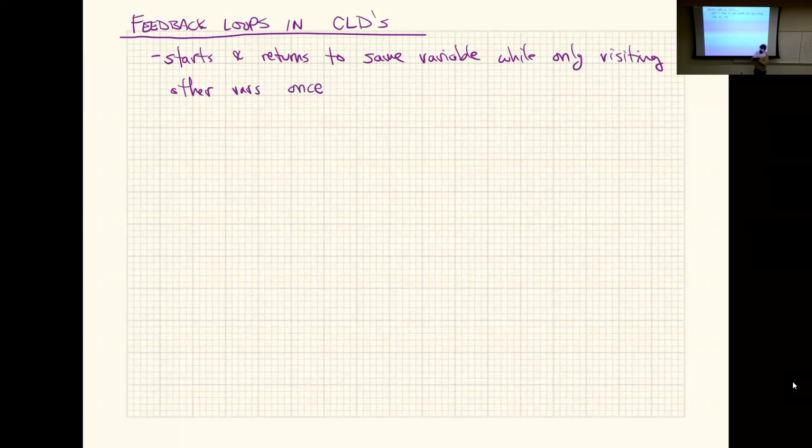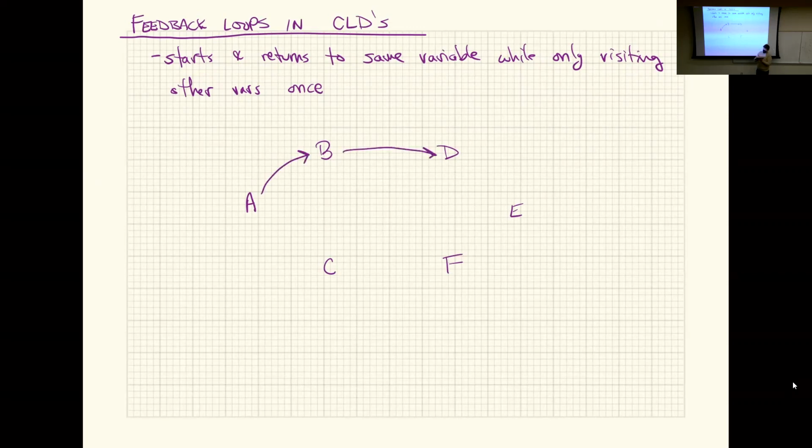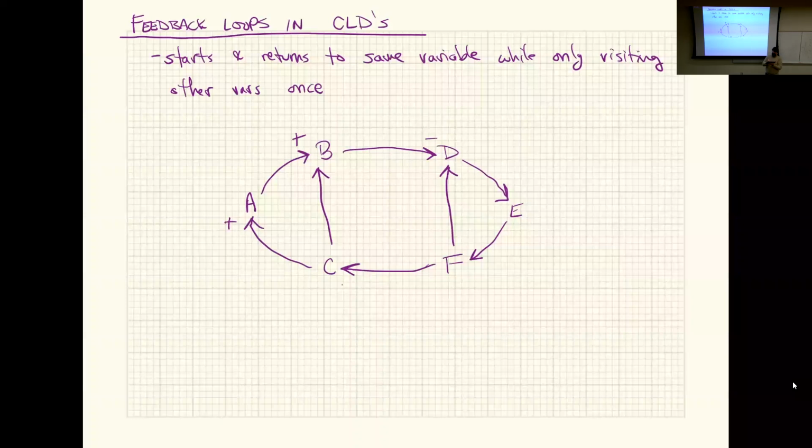As an example, if I had A, B, C, D, E, F, and let's say there's a causal link from A to B, from B to D, from D to E, from E to F, from F to D, from F to C, from C to B, and maybe then from C to A. I would label all these links, so I'll just assign some polarities arbitrarily to these abstract things here.